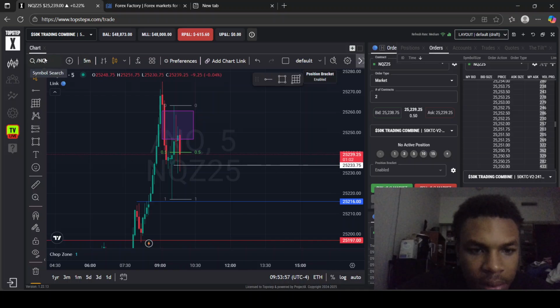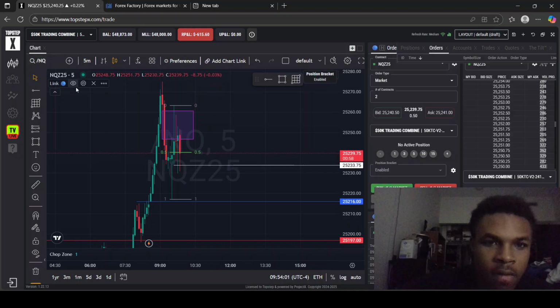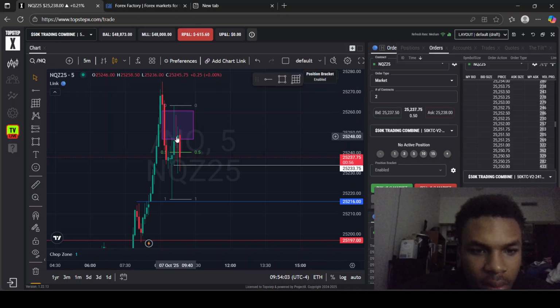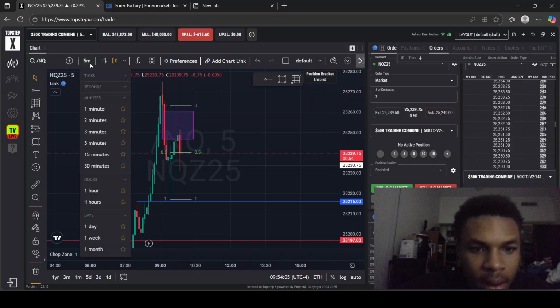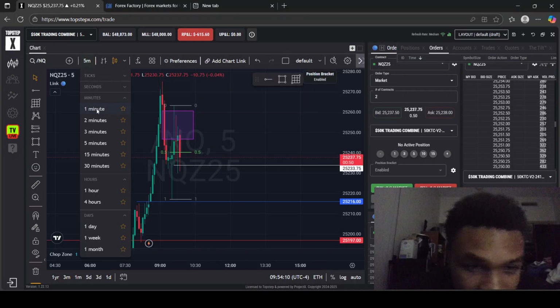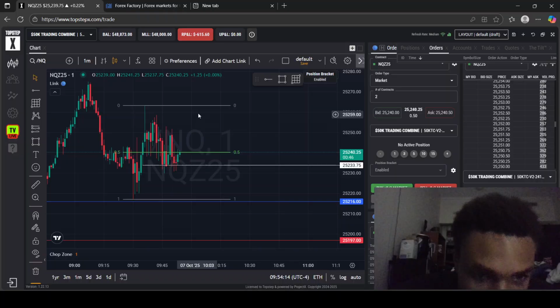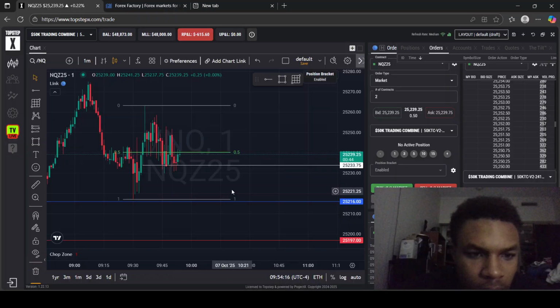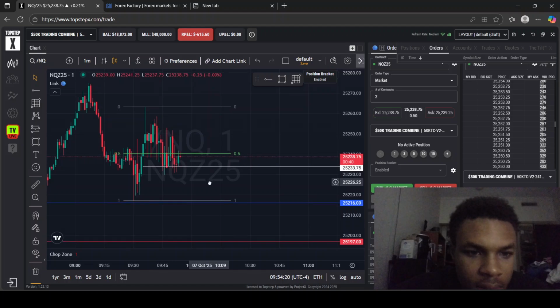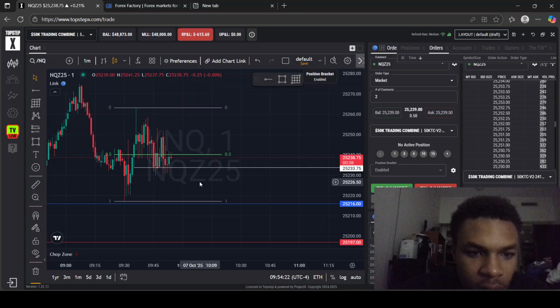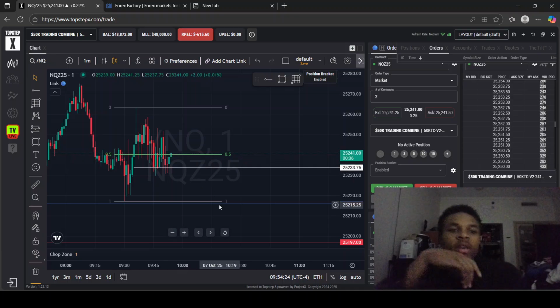Alright, honestly, in order to get this trade off how I want to get it off, it's not that I can't place it on here, it's just I can't take that stop loss. Cannot take that stop loss hit. So we gotta be very, very smooth. We gotta be very, very patient.